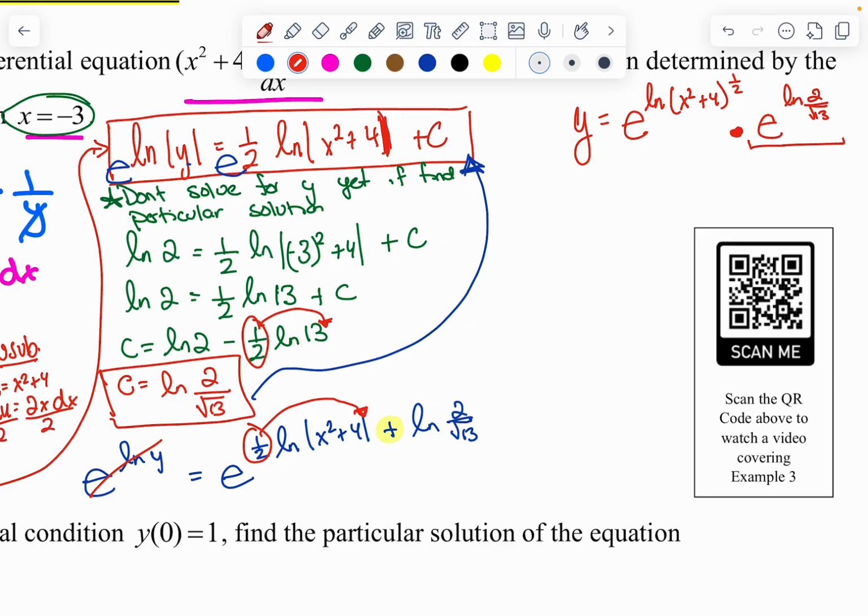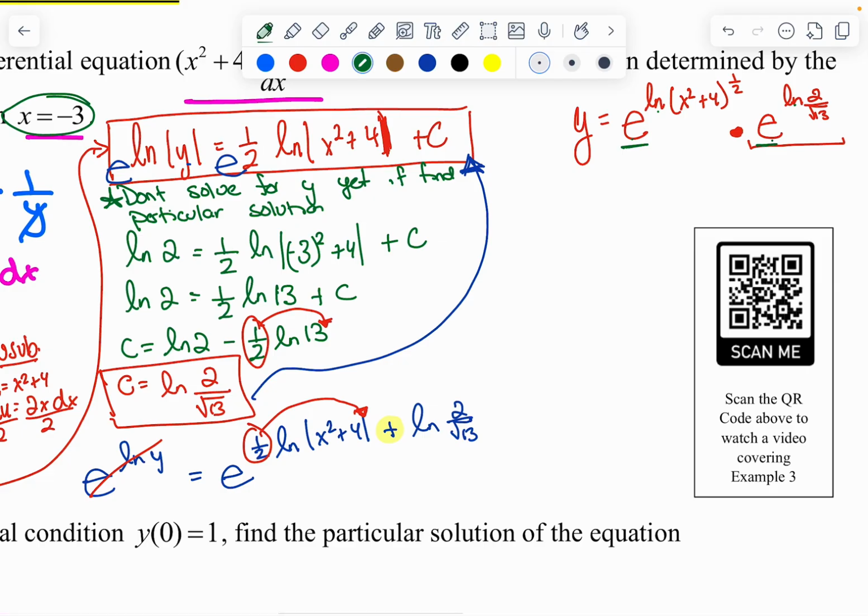Now this right here is just a number. It is an ugly number, but it is just a number. So now I can bring this number, but please keep in mind one more thing. I almost forgot this. Because you have e to the ln and e to the ln, what does that do to this actual problem? You have a common base and it's raised to the ln.